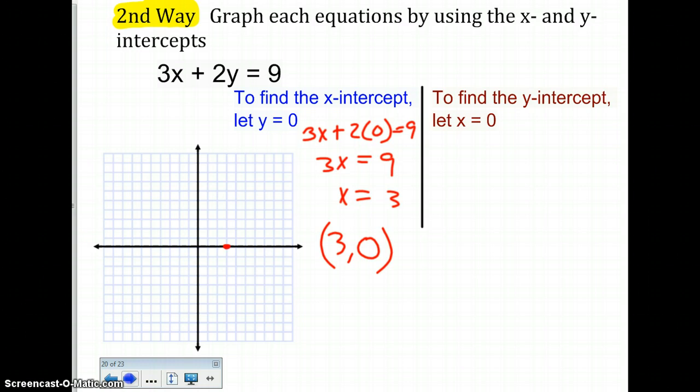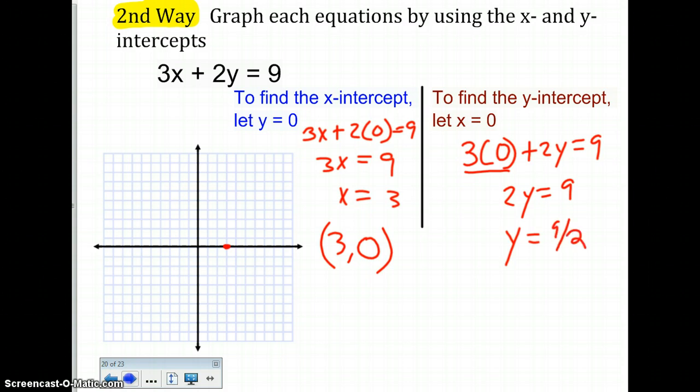When I find the y-intercept, I'm going to use the same equation, but we let x be 0. 3 times 0 is 0, so we're left with 2y equals 9. Divide by 2 and we get y equals 9/2, or 4.5. The ordered pair for that would be 0, 4.5.